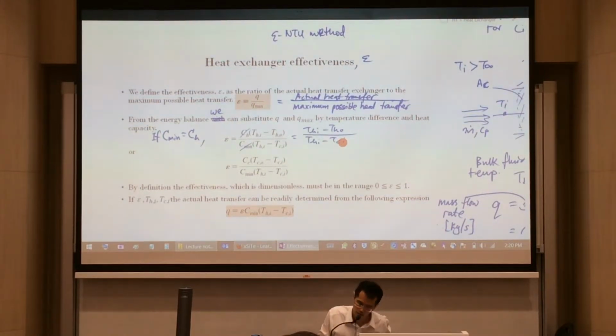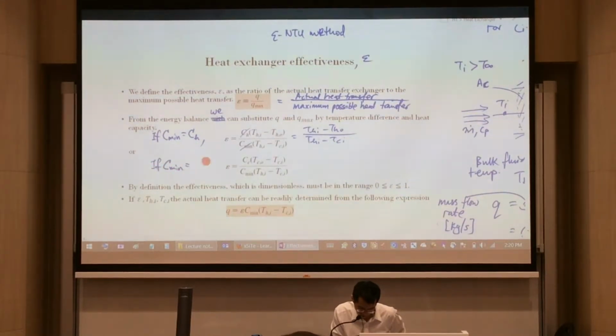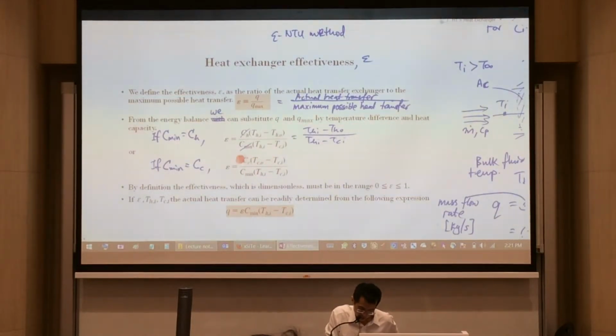And later on, there will be an example of that. So if you have a case where C min is your cold fluid, CC, that means the numerator over here would be your cold fluid heat capacity, CC, multiplied by the temperature difference of your cold fluid, that is your outlet and your inlet, TCO minus TCI.